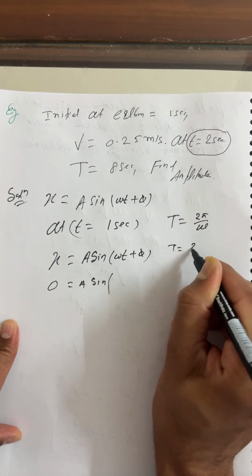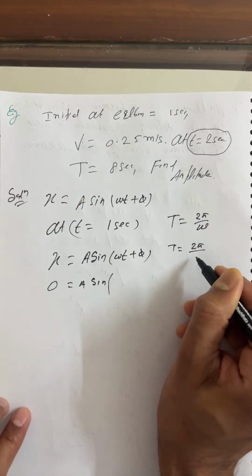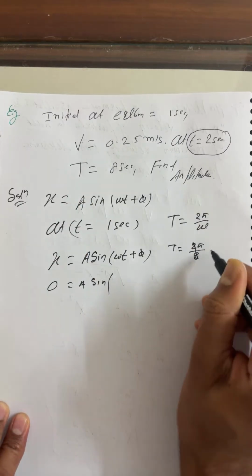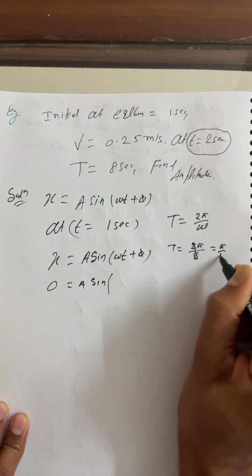So 2 pi by omega is 8 seconds, so omega is basically pi by 4.